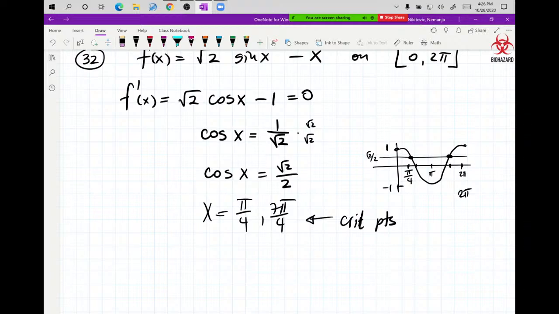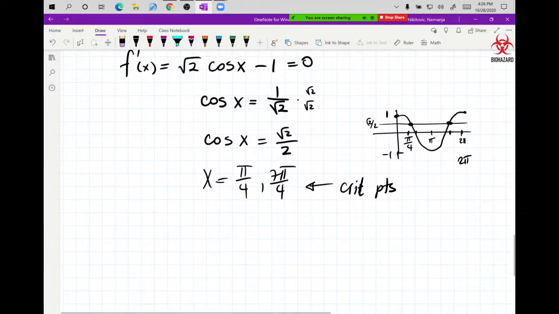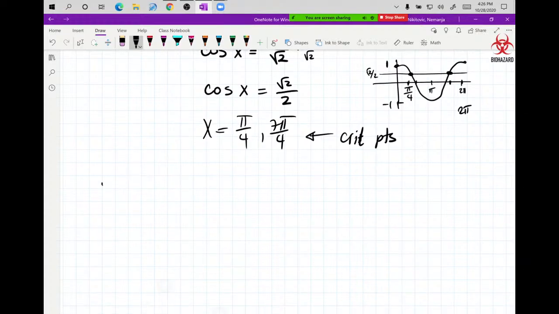So now, since there are no vertical asymptotes and no other points to partition, I take my 0 to 2 pi and I partition at pi over 4 and 7 pi over 4.